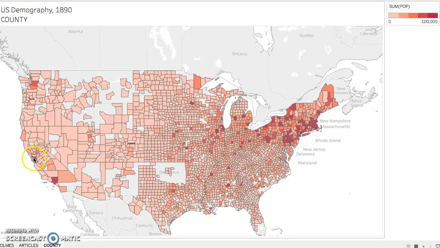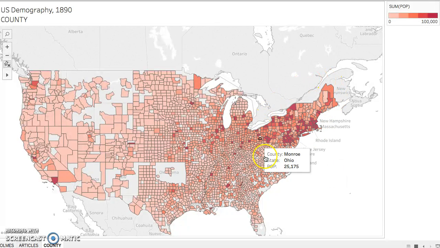So the first map I made, I'll explain very quickly. It's just basically a county population map. I had taken the data from the US decennial census from 1890. So what we see here, the patterns of urbanization are pretty much as expected in 1890.